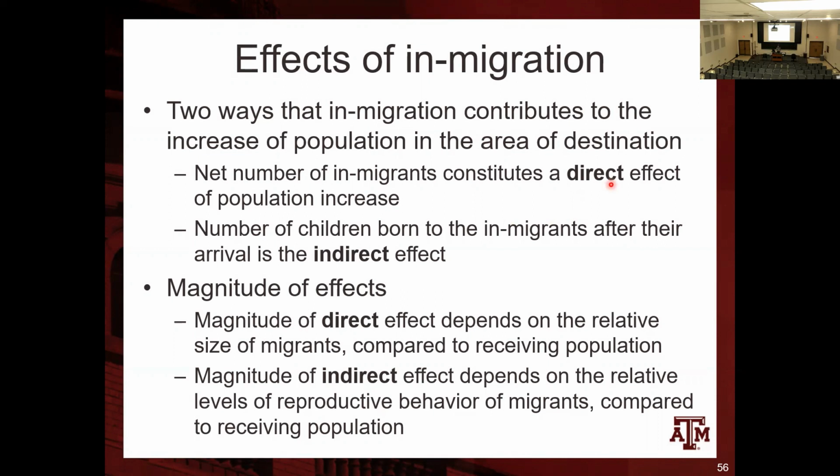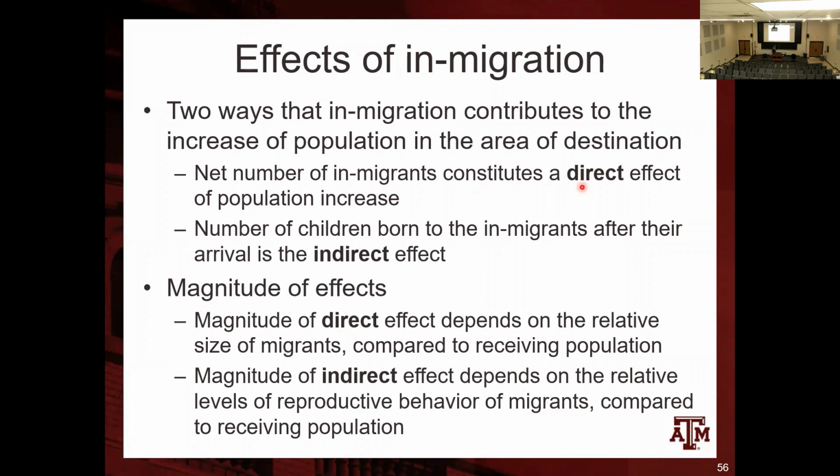So the net number of immigrants constitutes a direct effect of population increase. These are the migrants themselves who were born or used to live in the South, and now they are moving to the North. They will have an effect on population size in the destination. They are the direct effect.